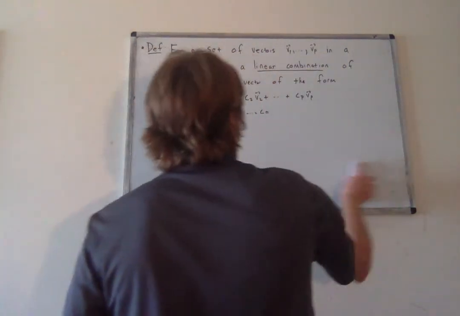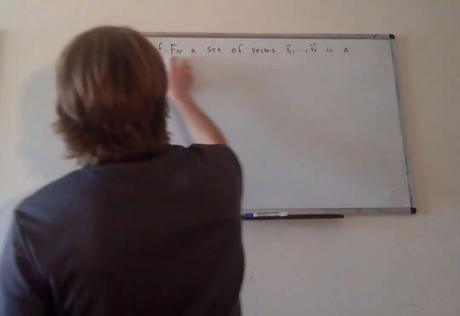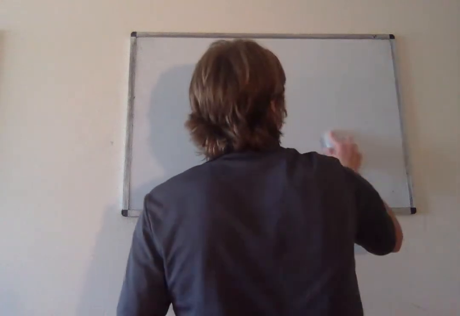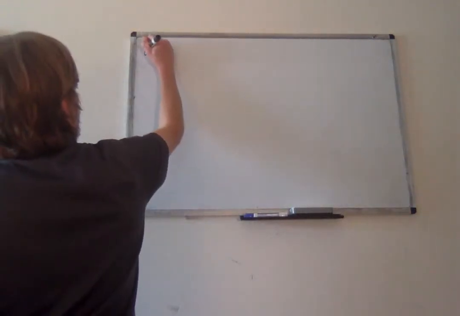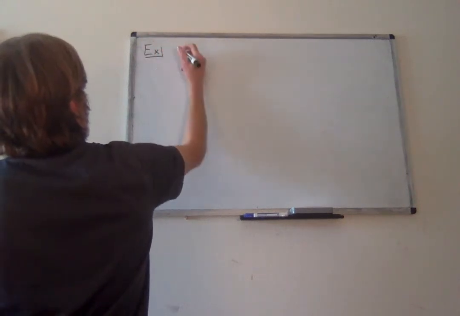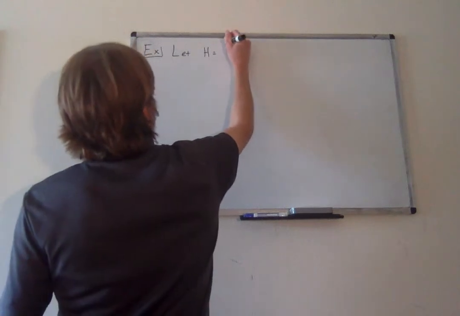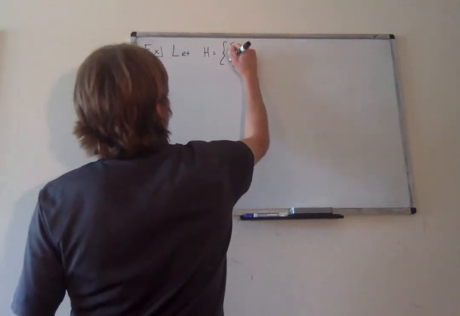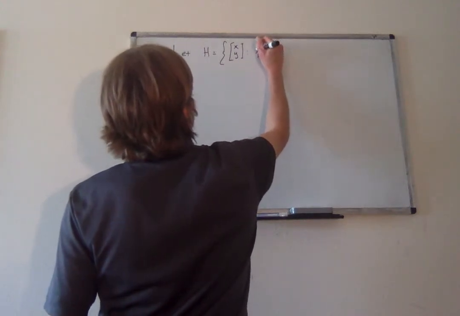So what we're going to do is we're going to be given a set that we've potentially never seen before, and we have to determine if that set is a vector space. So we're going to let H be the set. This will look a little bit like the example we did last video, but with a slight difference.